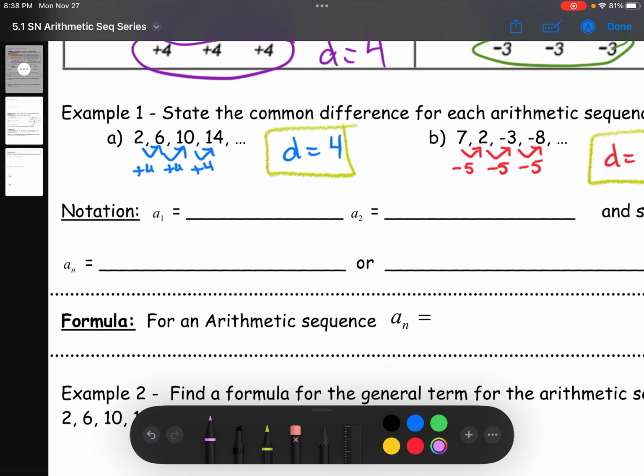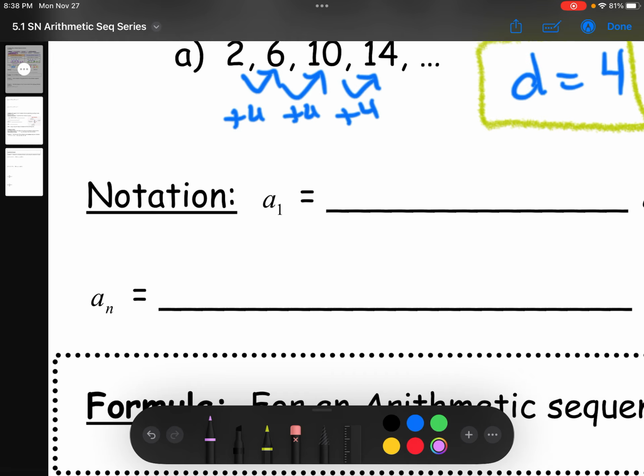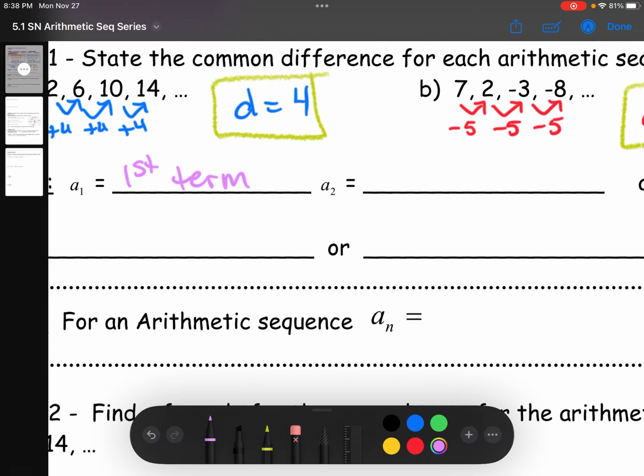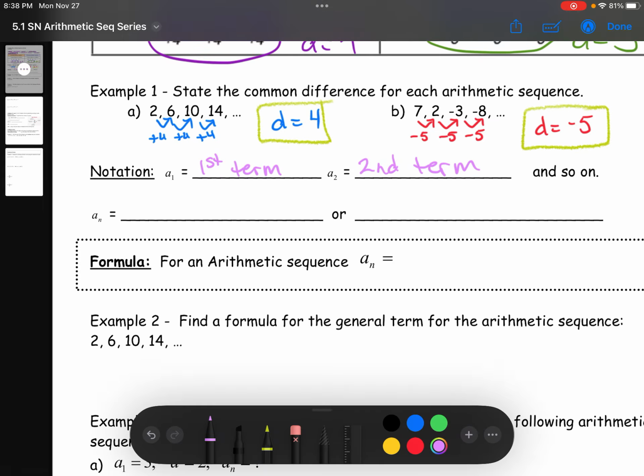So a little bit of notation. A with a subscript 1. A sub 1 is the first term or the first value in a sequence. A sub 2 would be the second term. And so on and so on and so on.